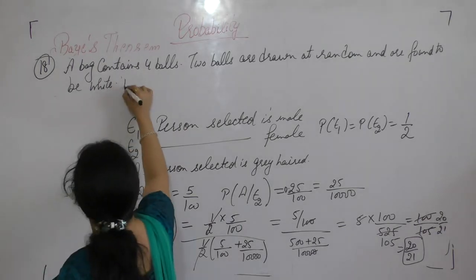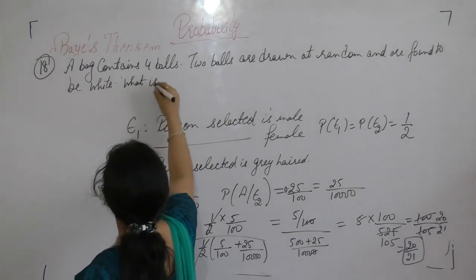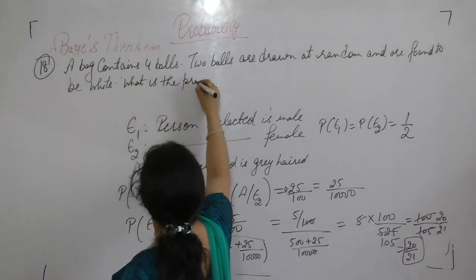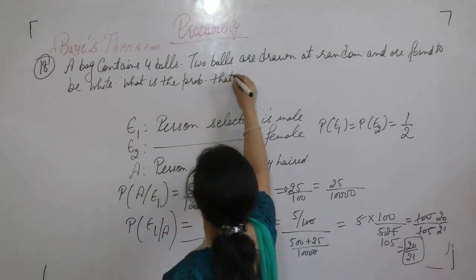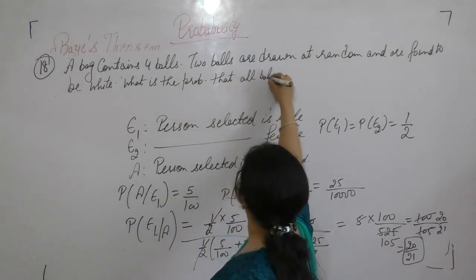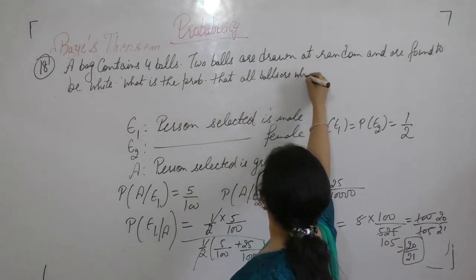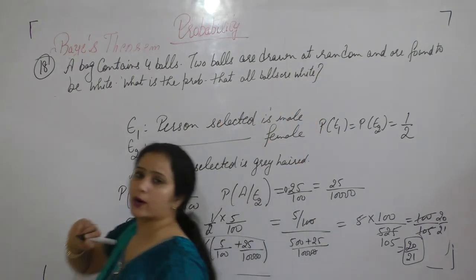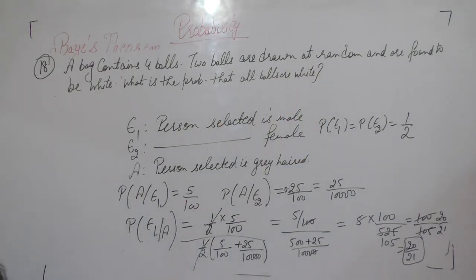What is the probability that all balls are white?